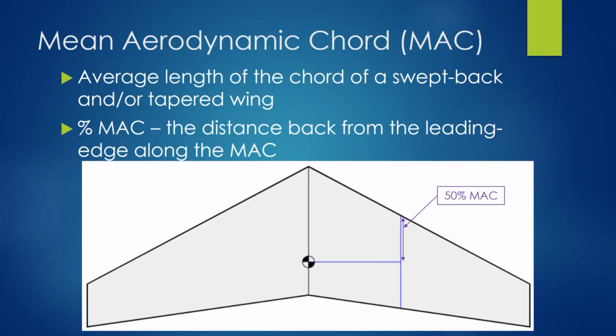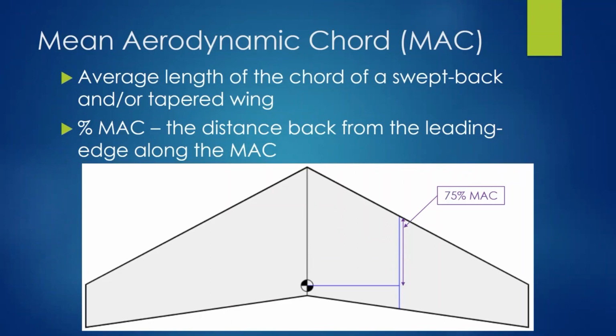It's that small section between my fingers that we're limited to. At 75% MAC, you're going to be stalling out. And that's it. 100% would be the trailing edge. 0% is the leading edge. So that is the long and short of weight and balance.